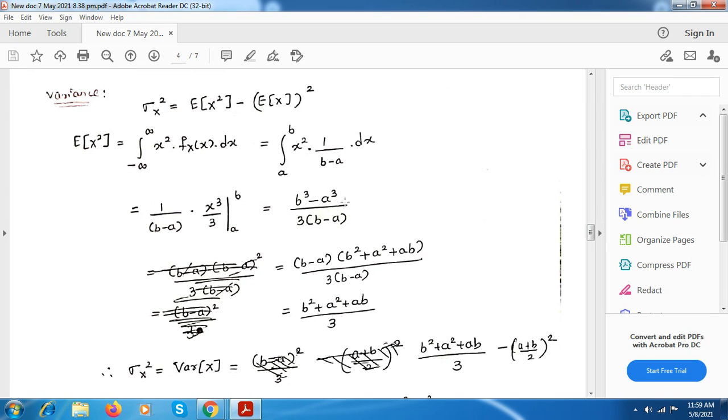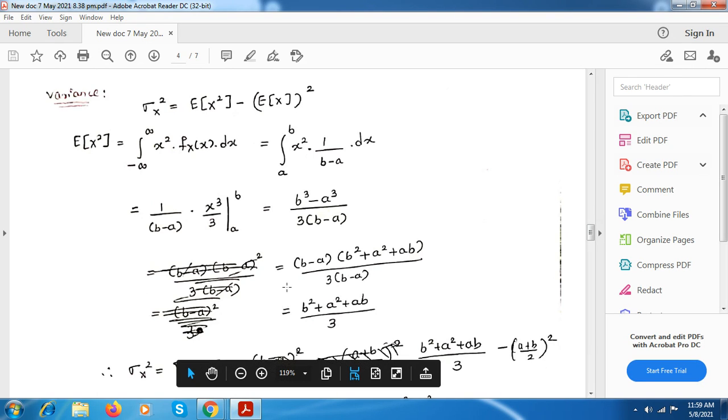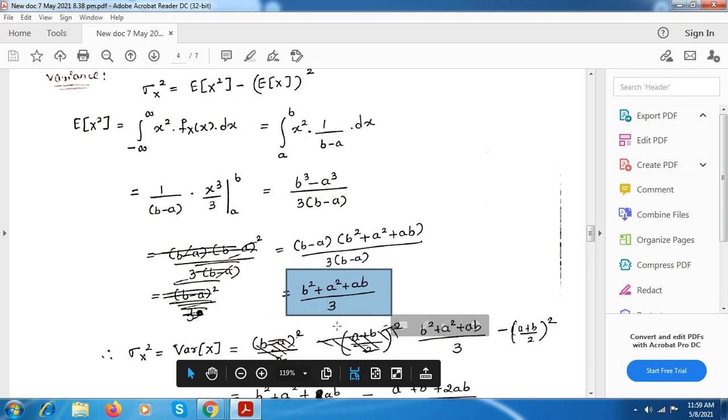And this b cube minus a cube, you can write it as b minus a into b square plus a square plus ab divided by 3 into b minus a. So this will be the equation, that is e of x square. You get it as b square plus a square plus ab divided by 3. Later you have to substitute this in the variance formula.